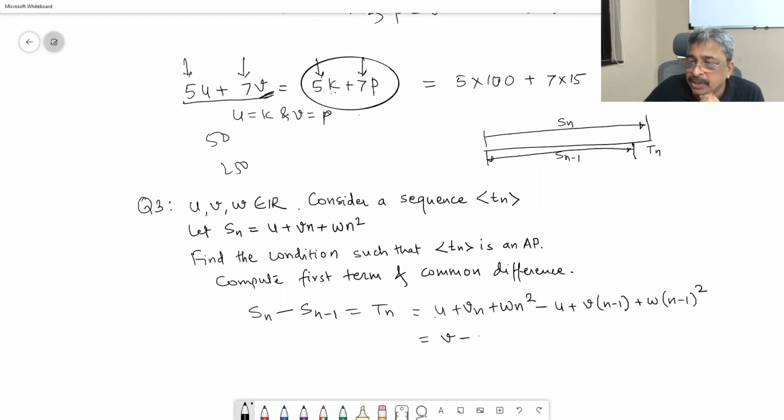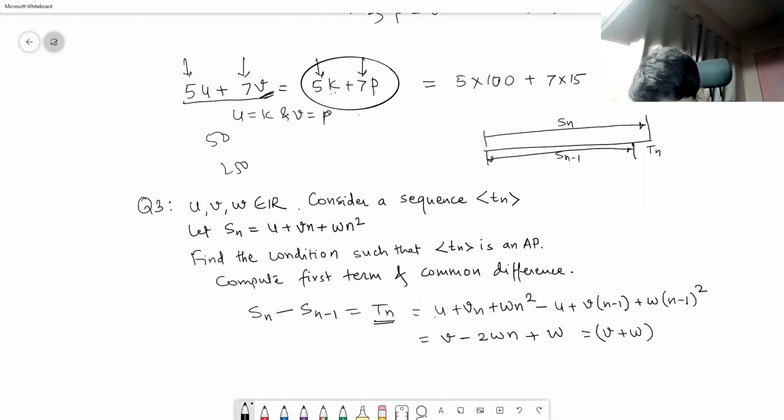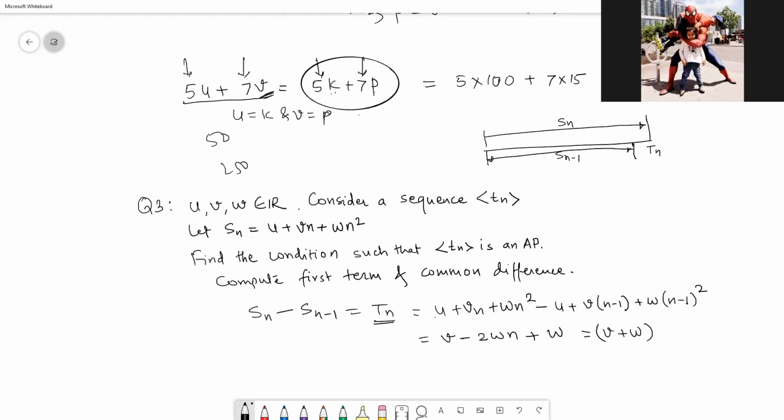What remains is minus 2Wn plus W, that is term number n, is equal to V plus W. So we minus W. Minus W.